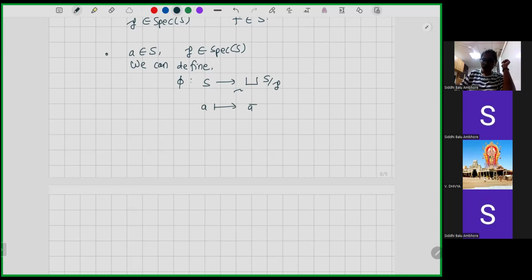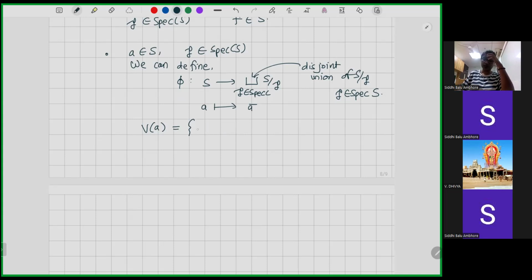This disjoint union runs over all the prime ideals P in Spec S. So V of this element A is exactly all those P in Spec S such that A belongs to P, and that is exactly the kernel of this P, right?